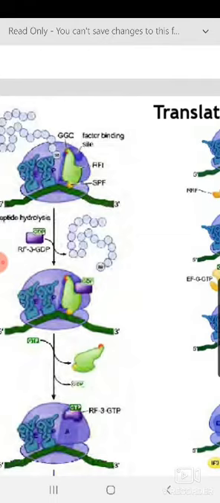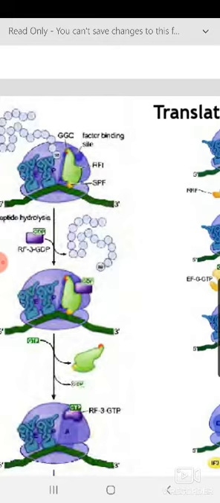So just think like that. This RF1, not structurally but functionally, mimics a tRNA. With the help of SPF, serine, proline, phenylalanine, it recognizes the stop codon, which could be UAG or UAA, whichever it recognizes.